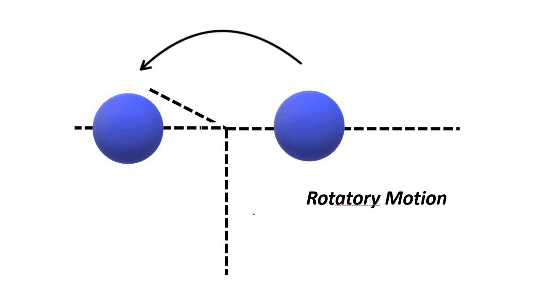Let us say we have a molecule, initially in this position, this is x-axis, and let's say this is z-axis and this is y-axis. So the molecule is initially on the positive x-axis, so it rotates to the negative x-axis, and this rotation happens along the z-axis.